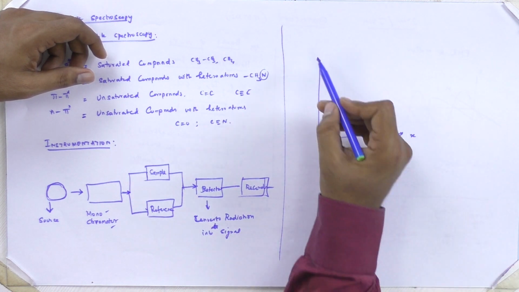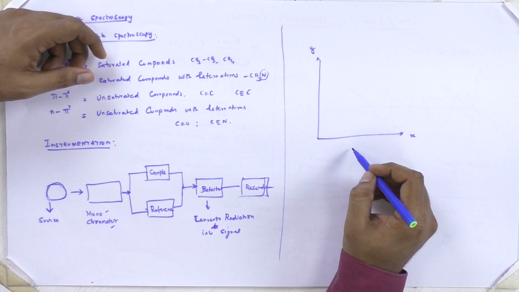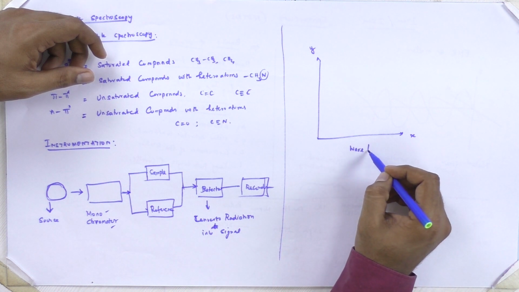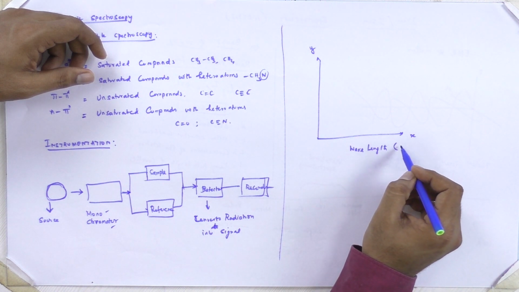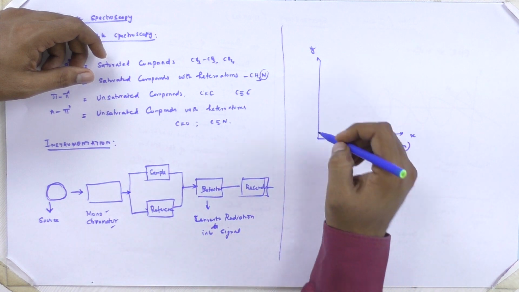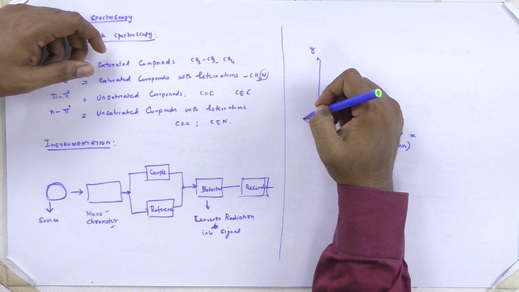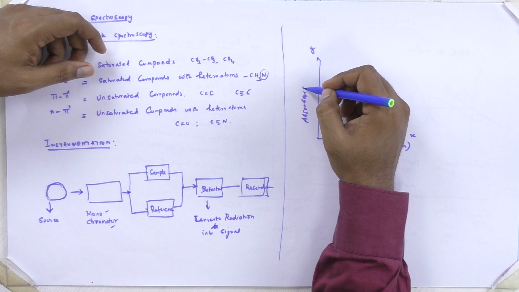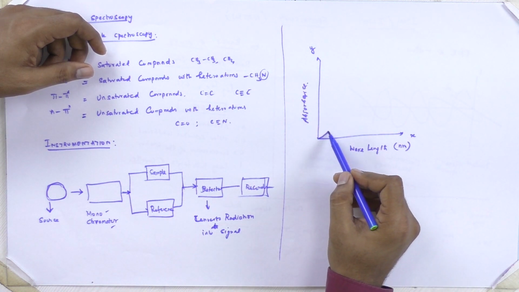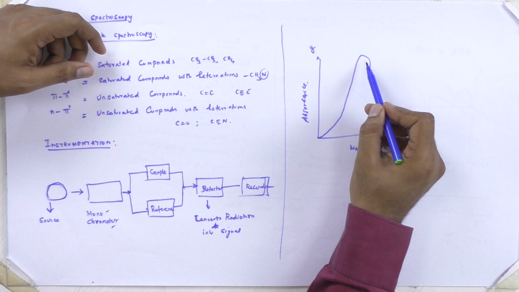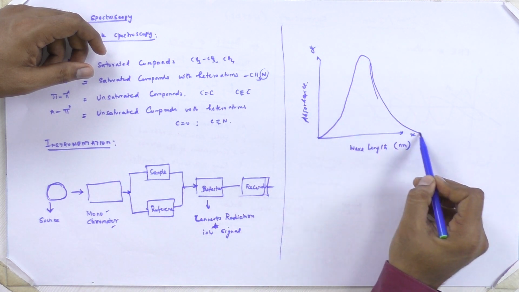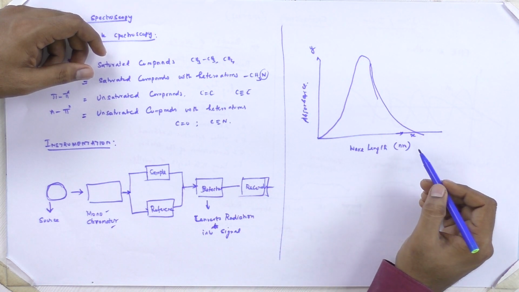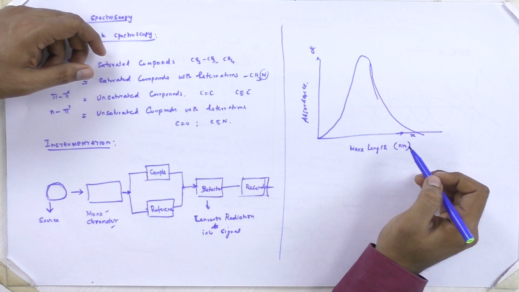The x axis has the wavelength in nanometers and the y axis is absorbance. This is the typical UV visible absorption spectrum.